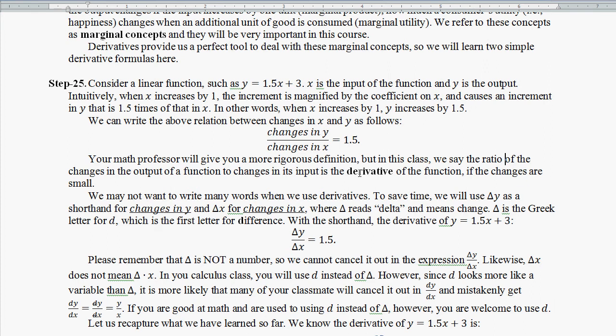If the changes are small, how small? Well, we're not going to give a rigorous definition here. In your calculus class, your professor will give you a better way to say this. Anyway, derivative means changes in y divided by changes in x, if we're talking about y and x. Later on, we're going to use other symbols, then we need to change these symbols. So that's the derivative.